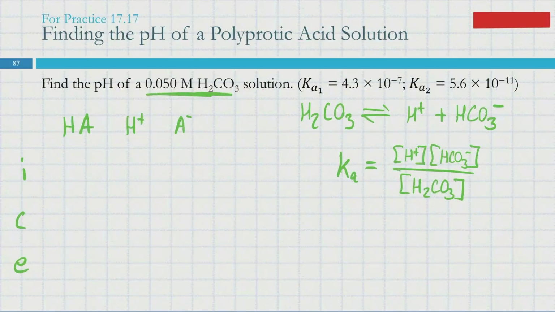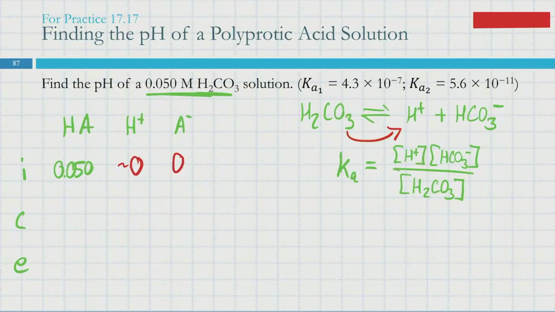So our initial concentration of our weak acid, 0.050 molar. And we have effectively no H plus in solution, and we have no A minus in solution. So initially, our equilibrium expression here can only move in one direction.